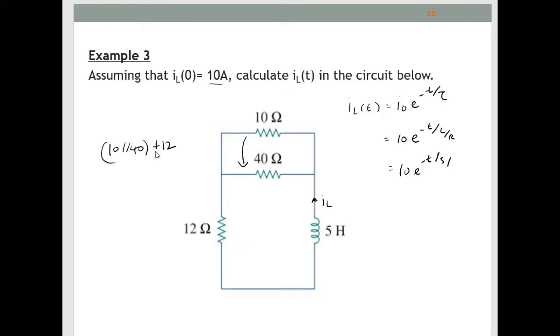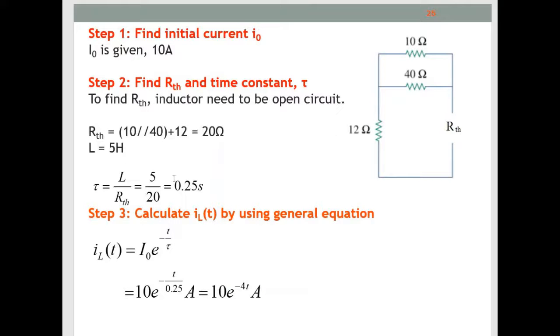Just try to calculate this one. Very similar to what I've explained. And finally we get 20 ohm, L over R Thevenin, 0.25 second. Directly insert this parameter and this parameter, and finally we get 10 e to the negative 4t ampere.